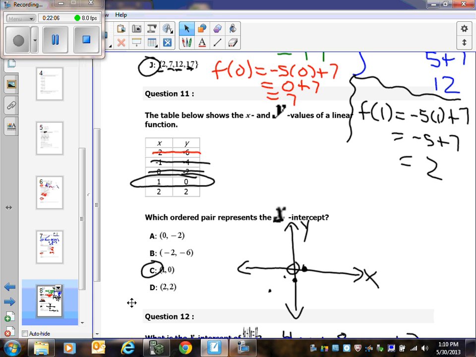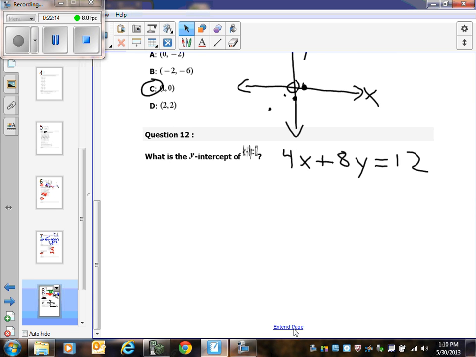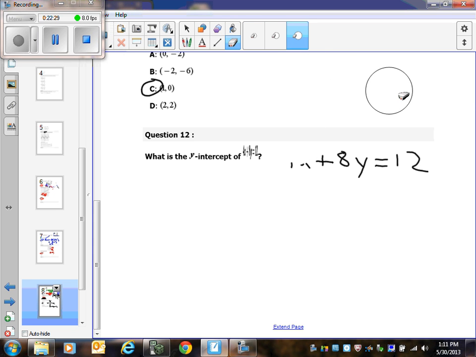And our last question here in our Unit 3 review is, what is the y-intercept of 4x plus 8y is equal to 12? All right.